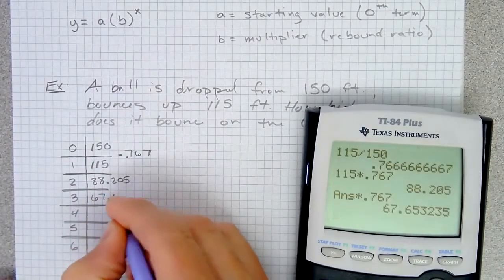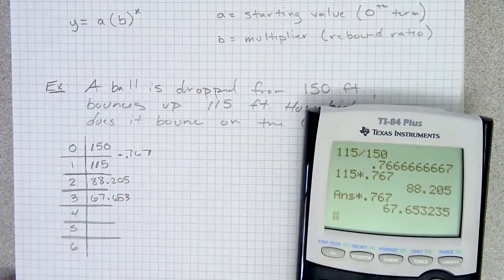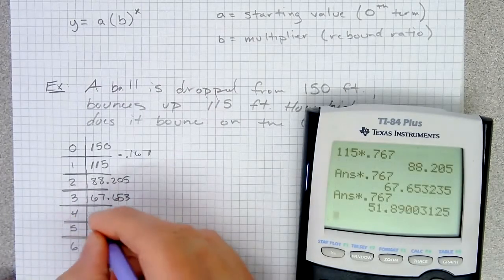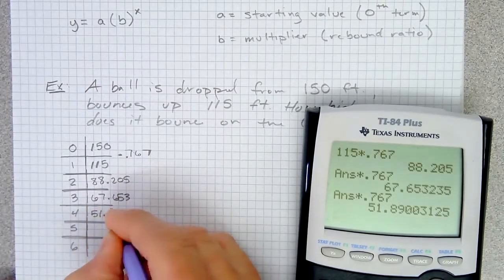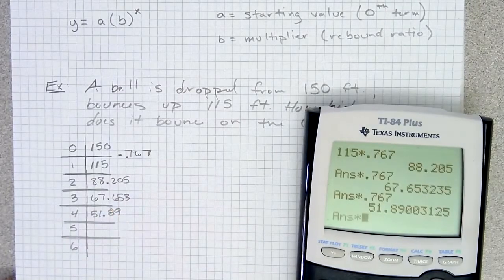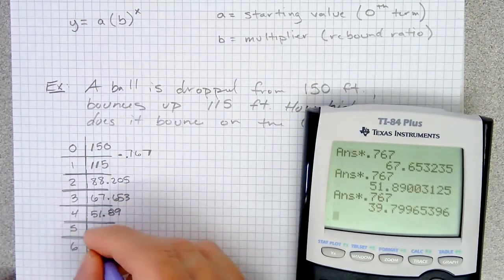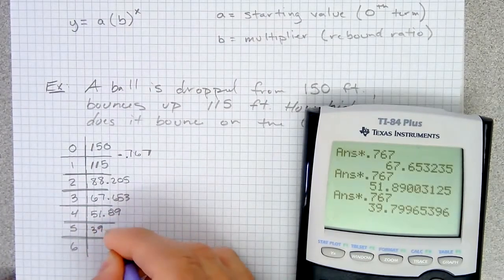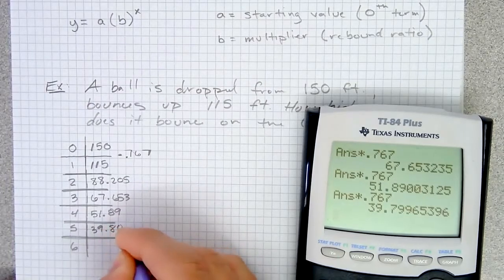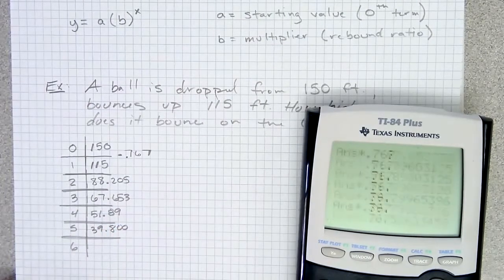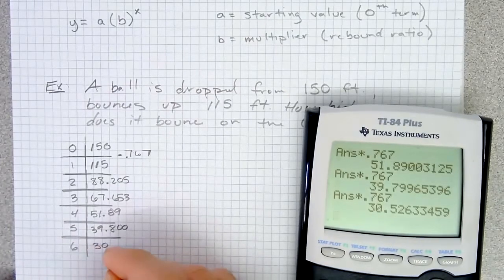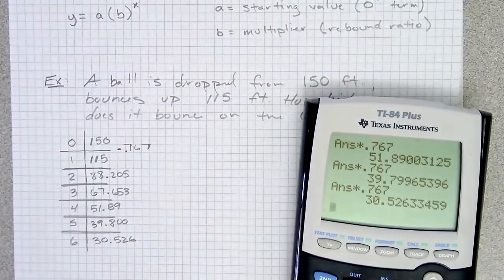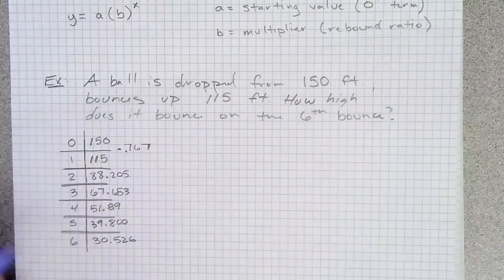We get another, and then 51.89. And one more time, 2 more times before we get to the sixth bounce. Okay. And we would get 30.526 feet.